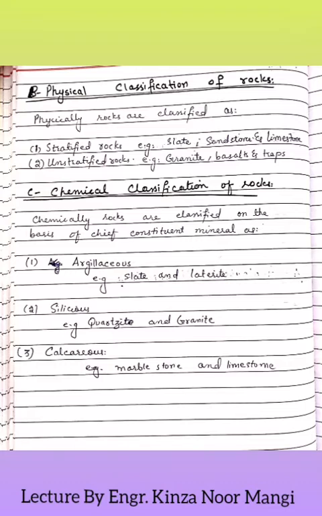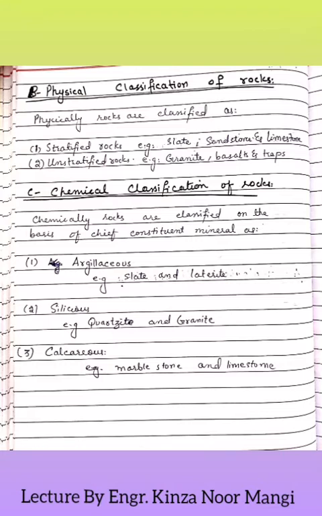They show distinct layers along which they can be easily split into thin slabs or parts. Examples of stratified rocks are sandstone, limestone and slate. So stratified rocks are basically easily breakable.